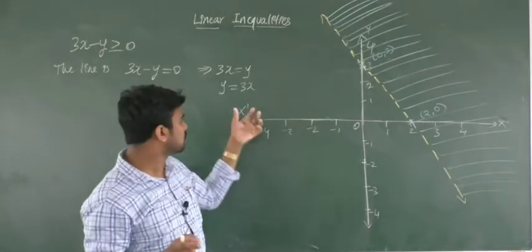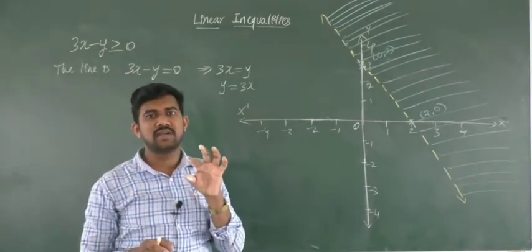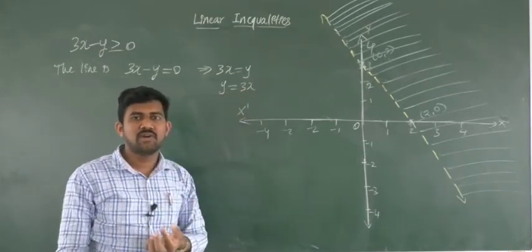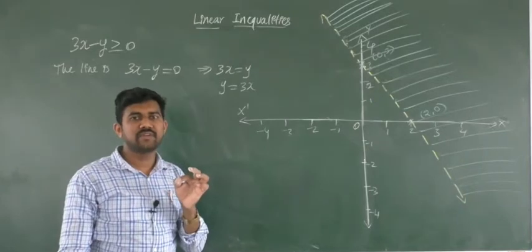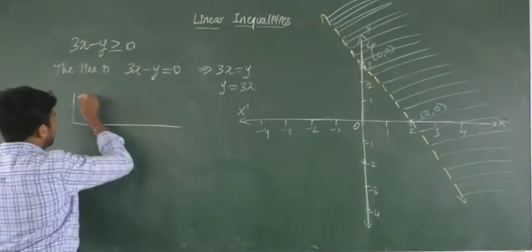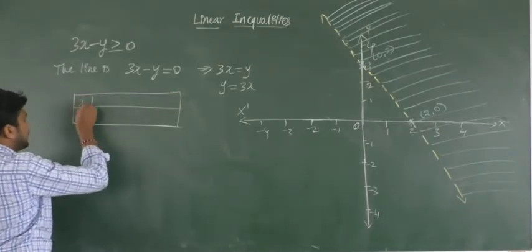So what you have to do in this case is consider 2 or more points, and find the coordinates of points which lie on the line, to draw the line. See, first x and y.